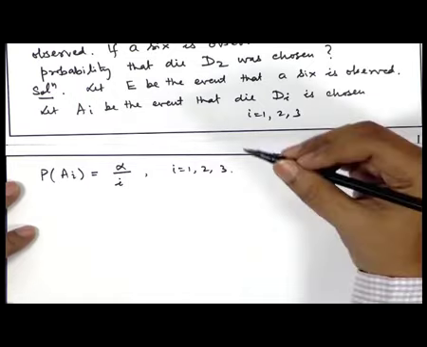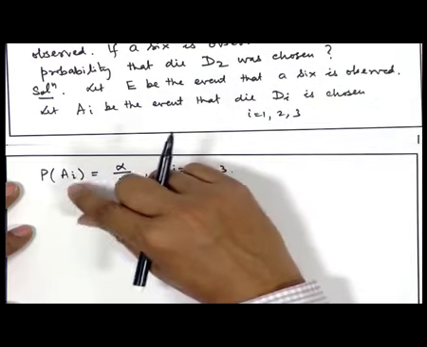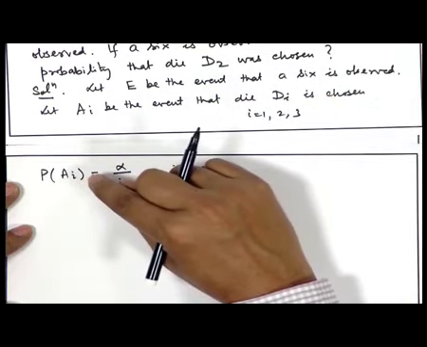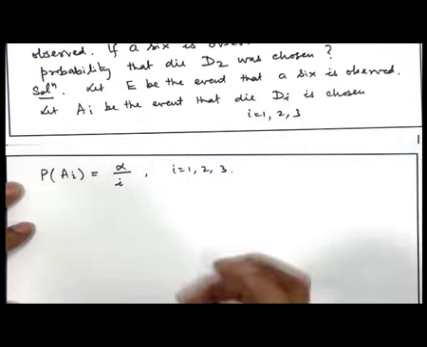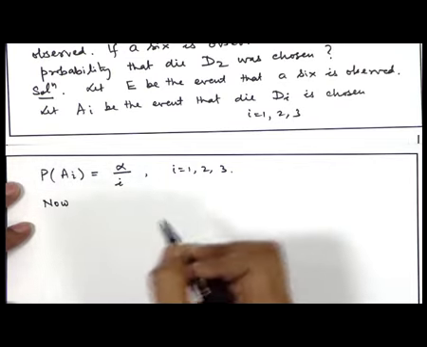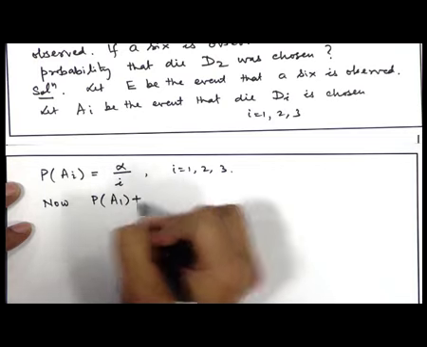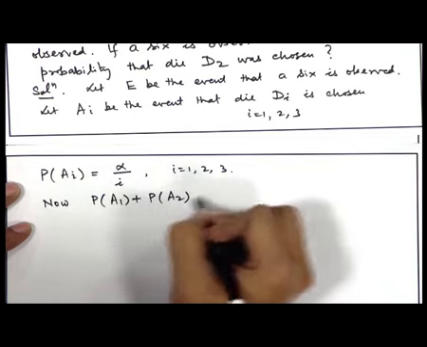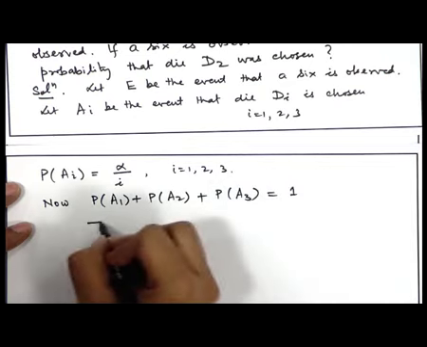Now, we are choosing among these 3 dice only, therefore, the sum of probability of A1 plus probability of A2 plus probability of A3 will be equal to 1. That means, these events A1, A2, A3 are exhaustive.